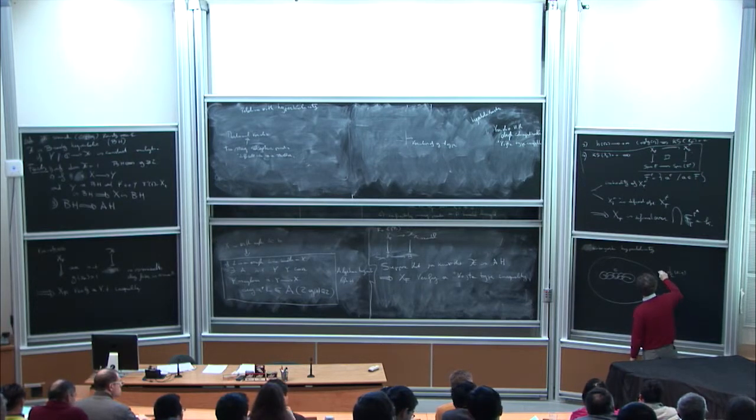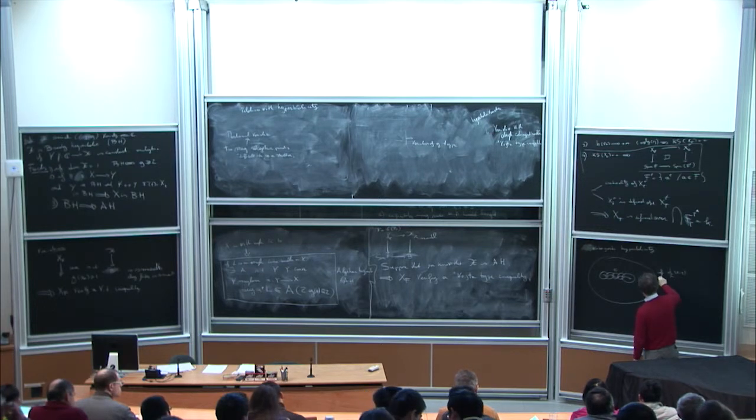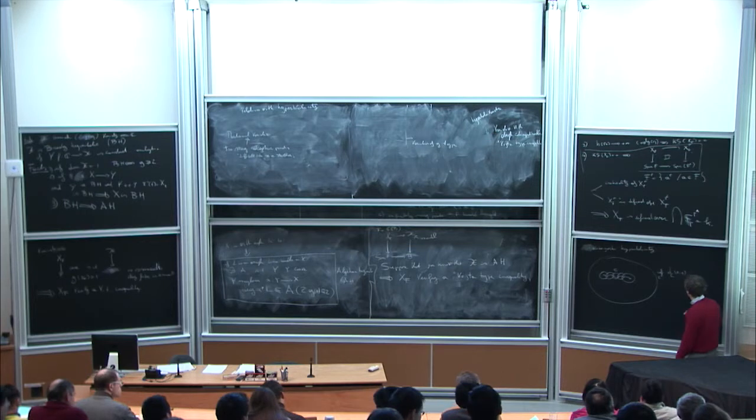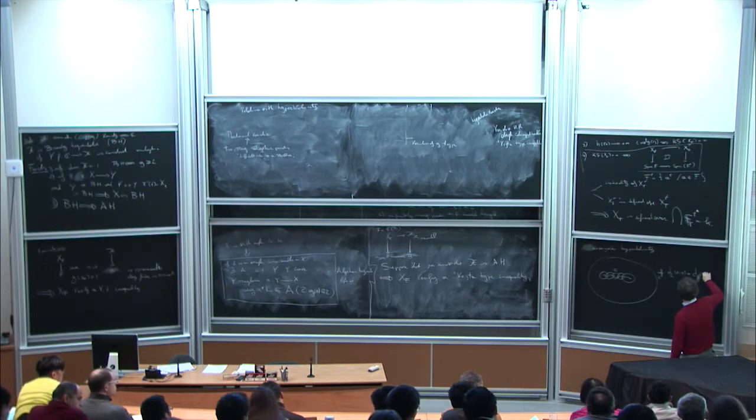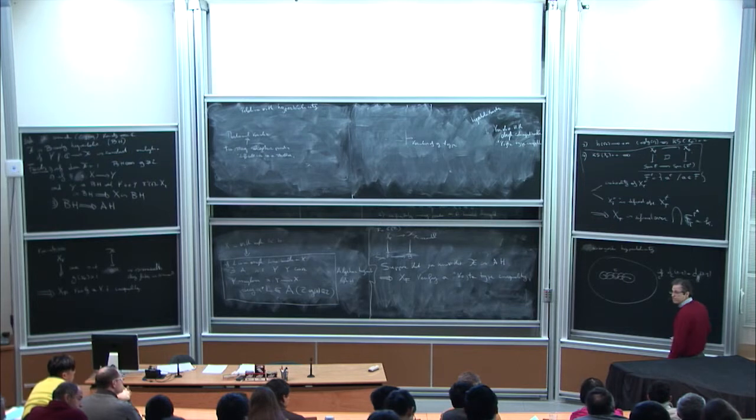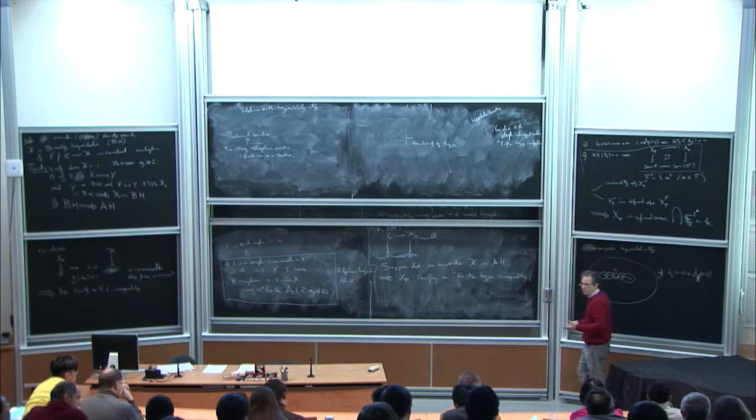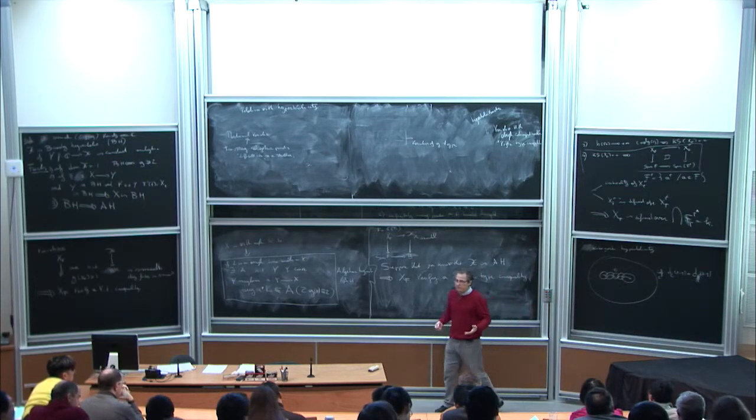And then you consider the infimum over all the possible sequences of disks, and you call it the hyperbolic distance from x to y. And this is what is called the hyperbolic pseudo-distance inside a variety.